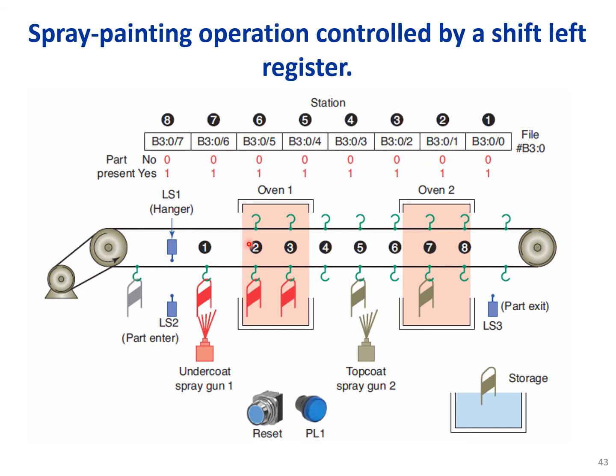When it reaches stage 2 and 3, we know that it's inside the oven and the oven operates, and so on and so forth. And finally, when the last limit switch confirms that the part is at the exit, then we could also unload that bit from the register.